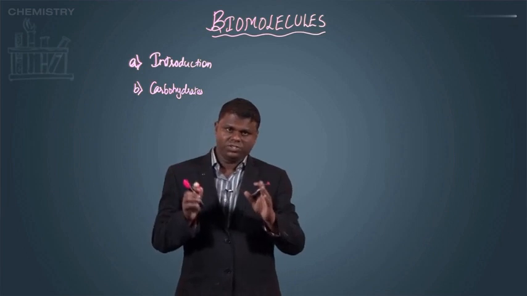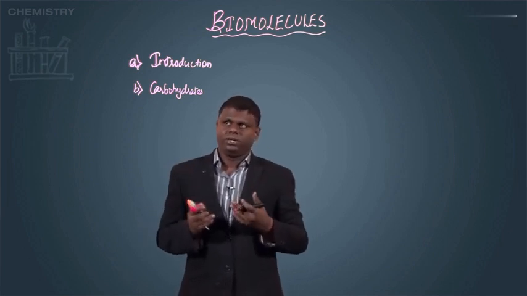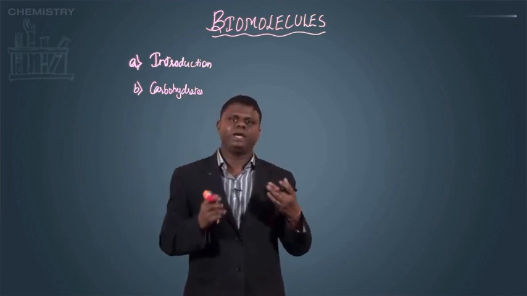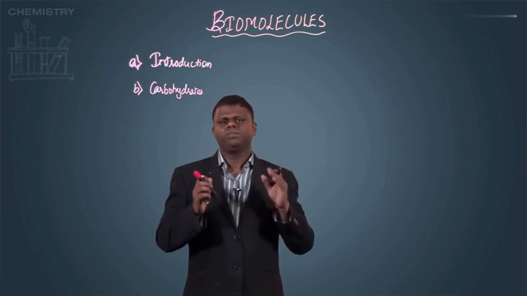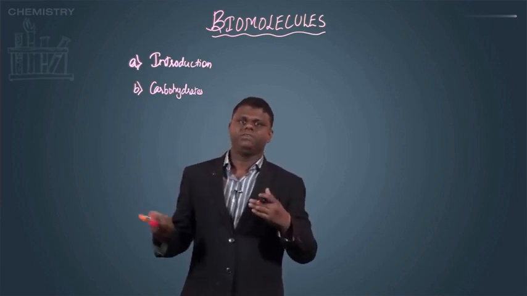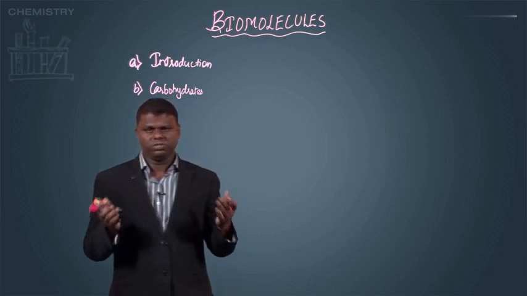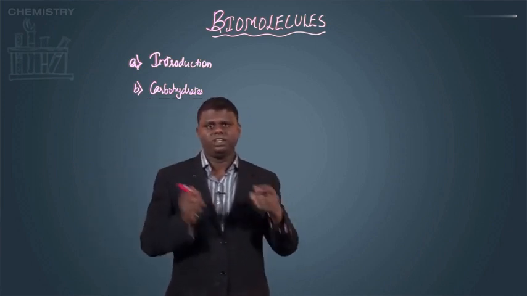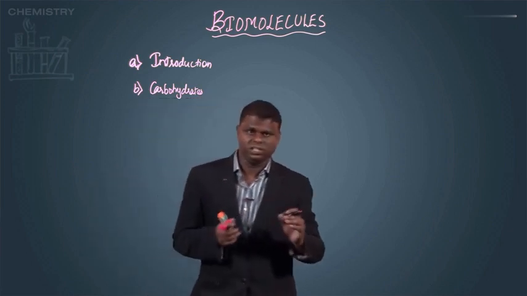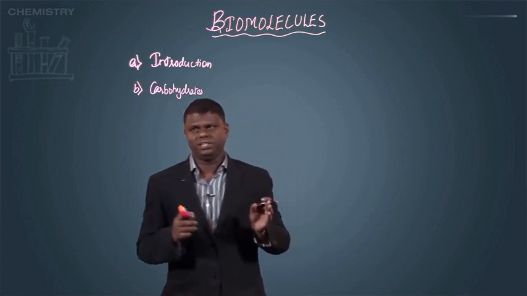But the reactions which I'll be doing during the course of carbohydrate chemistry are something you have already studied in the previous chapters, that is functional groups in organic chemistry, like alcohols, phenols, ethers, and then aldehydes and ketones, right?